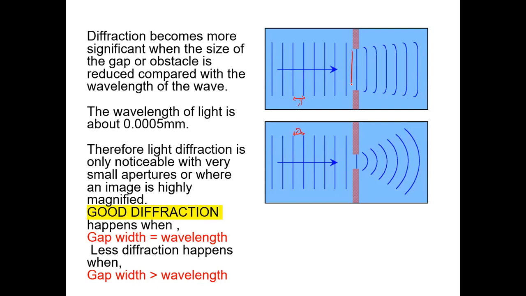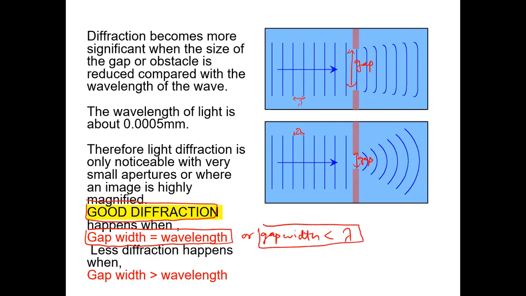You can see over there that the gap width is more, and over here the gap width is less. So it means for good diffraction or good bending, the gap width should be less than the wavelength, or it should be equal to the wavelength.